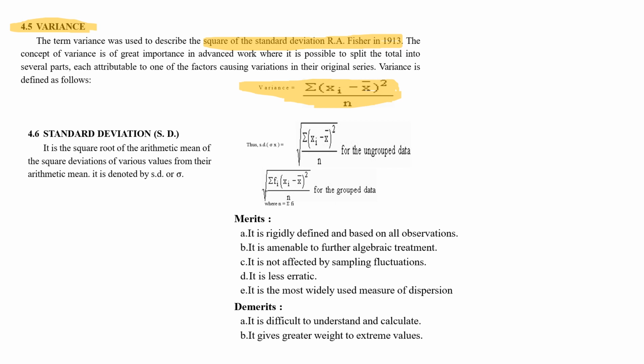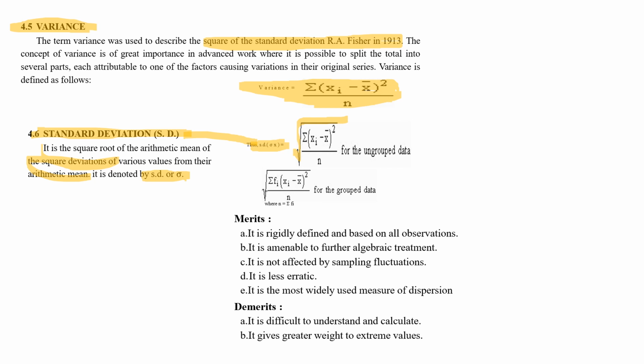So the standard deviation formula is the square root of the arithmetic mean of the summation of xi minus x bar the whole square divided by n. If we take the square of standard deviation, we get the variance.